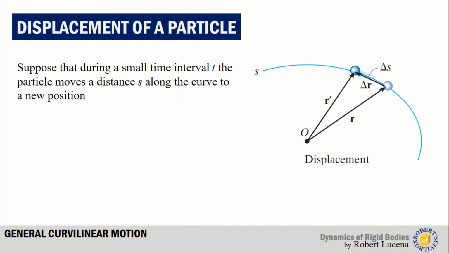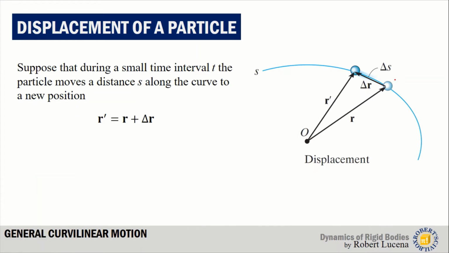And suppose that during a small time interval, the particle moves a distance s along the curve to a new position. So we can have now the new position vector of the particle as it translates from its original position.